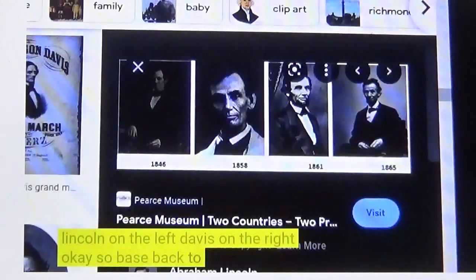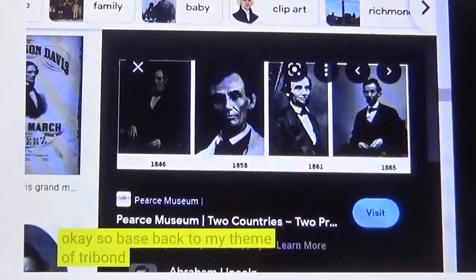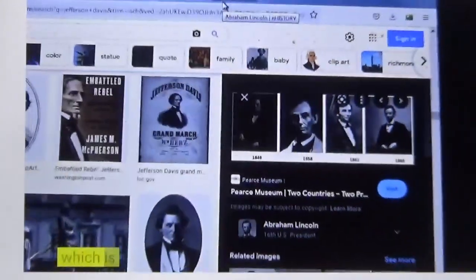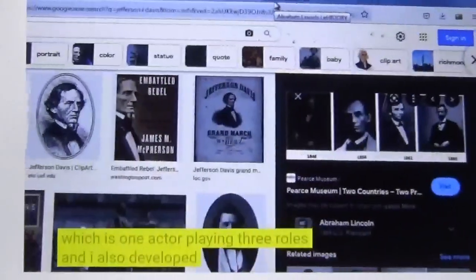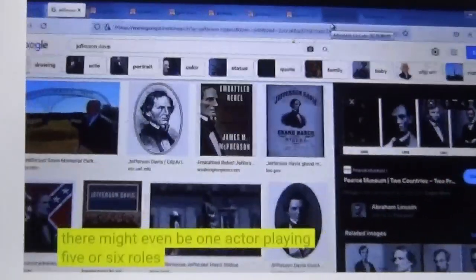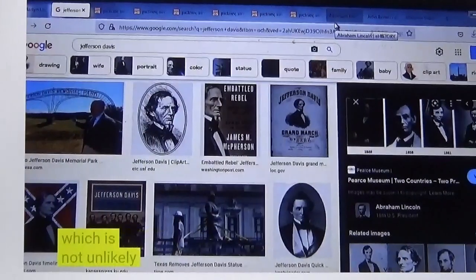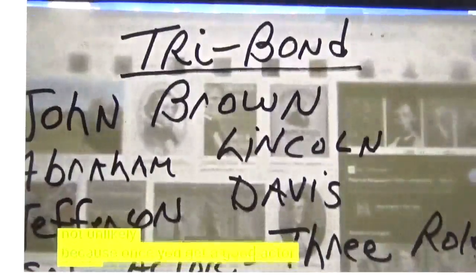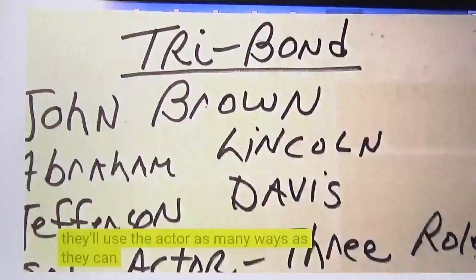Okay, so back to my theme of tri-bond, which is one actor playing 3 roles. And I also developed quad bond. There might even be one actor playing 5 or 6 roles, which is not unlikely. Because once you get a good actor, they'll use the actor as many ways as they can.